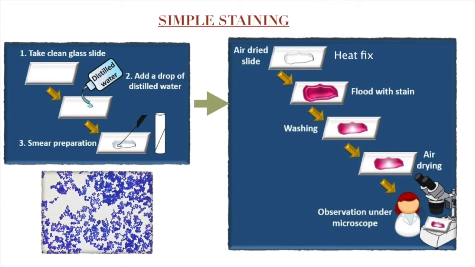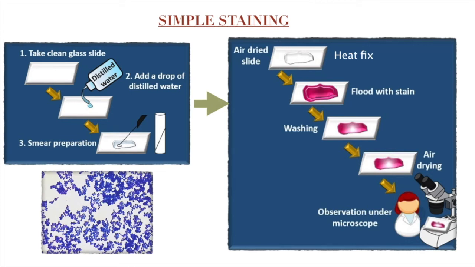Or if you are using a solid or slant culture, you add 1 drop of distilled water to the slide, then take the culture and make a thin smear. After that, air dry the slide and then heat fix the microorganisms.